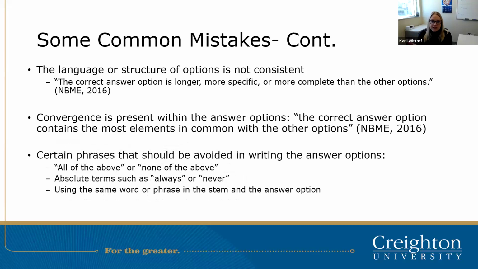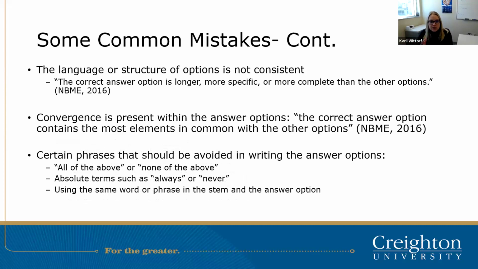As for phrases that should be avoided when writing these, NBME suggests not using "all of the above" or "none of the above," because this switches from a one best answer option to a true or false question, changing the type of question that you're asking. Also avoid absolute terms such as "always" or "never," because it's very rare that something will happen all the time, so the student will lean away from absolute terms because of that gray area.